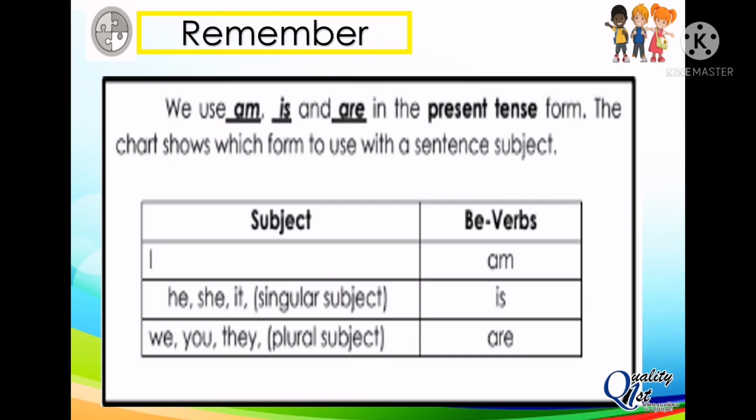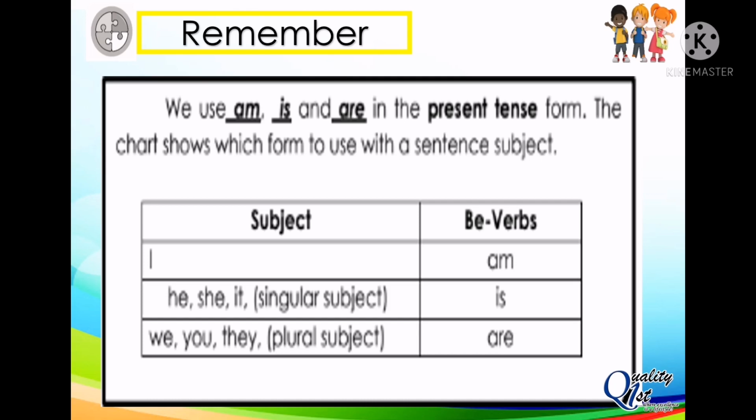Now I want you to remember this. We use am, is, and are in the present tense form. The chart shows which form to use with a sentence subject. For I as the subject, we use the be verb am. Okay?